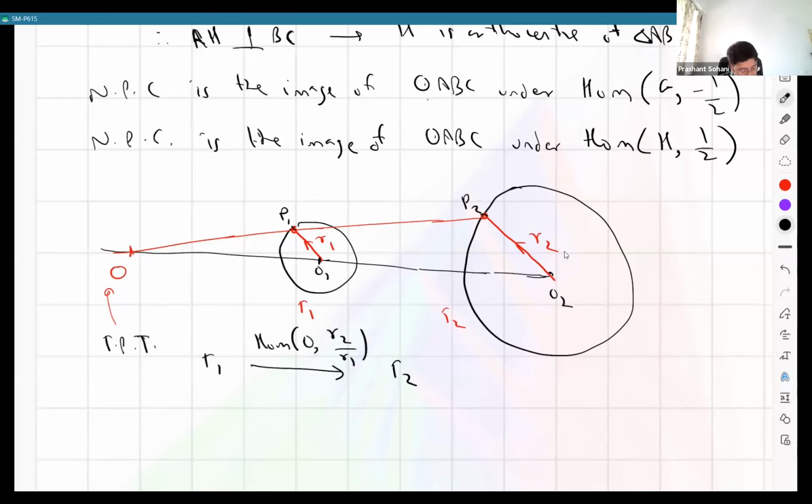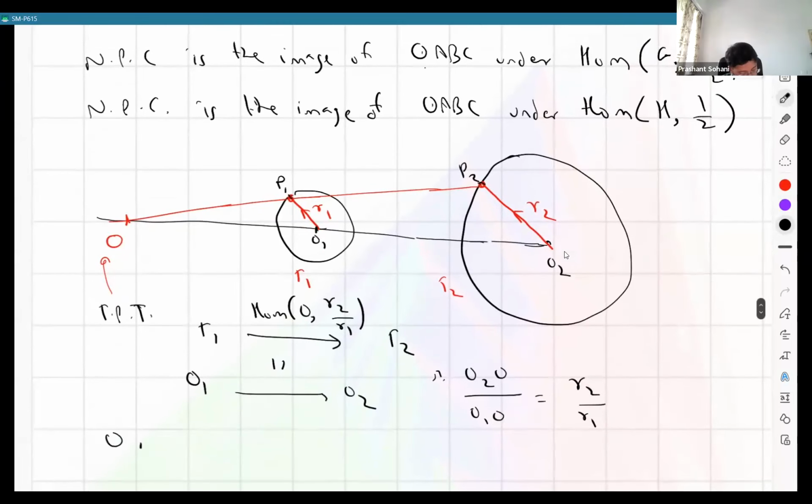And in particular, what we'll observe, because O1 also goes to O2 under the same operation, right? So therefore, I can write the ratio of the distance O2O upon O1O will be R2 upon R1. In other words, O divides the segment O1O2 externally in the ratio R1 is to R2.